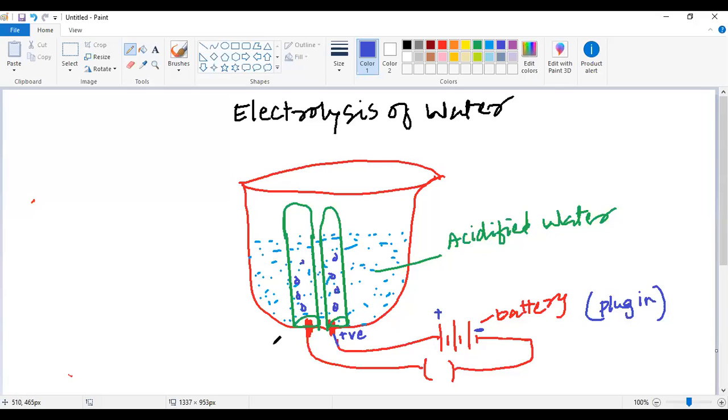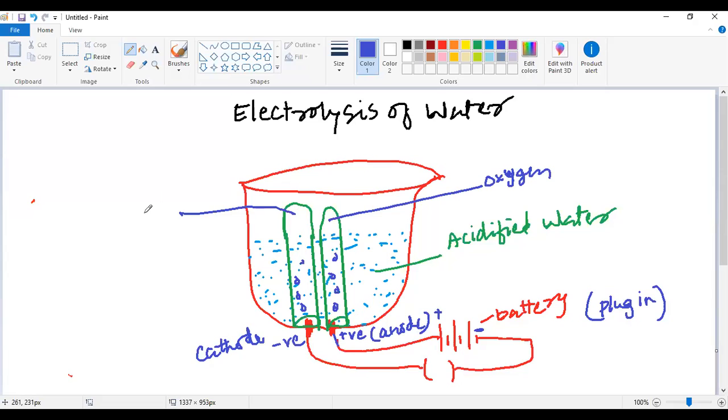This is your negative electrode. Your positive electrode, my dear students, is known as the anode. At the anode, we get oxygen gas. Your negative electrode is your cathode. And at the cathode, you get hydrogen gas.